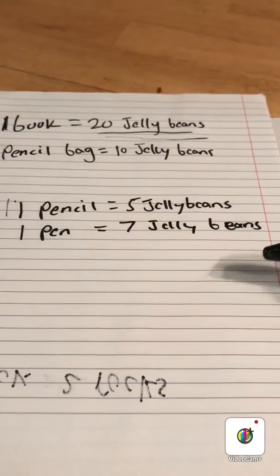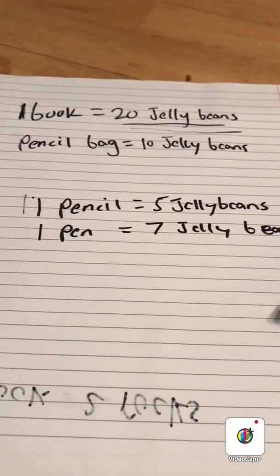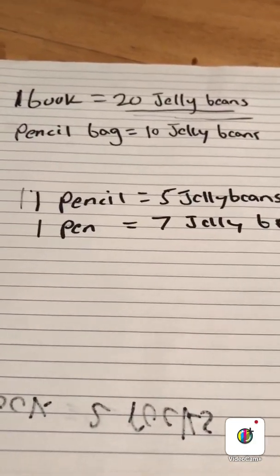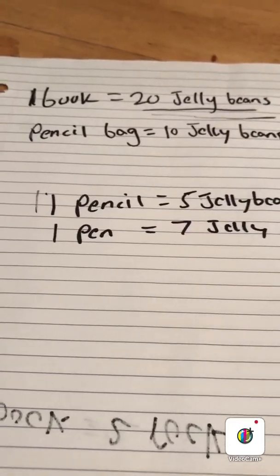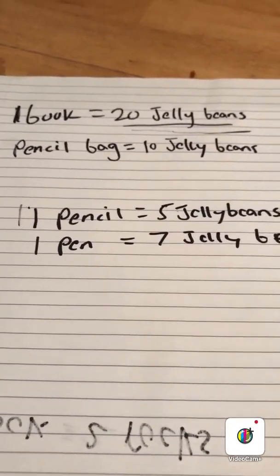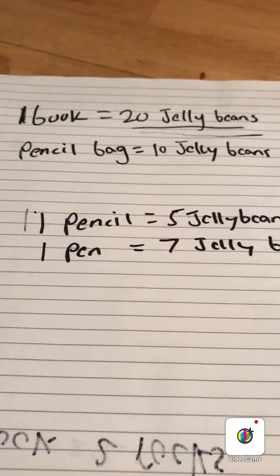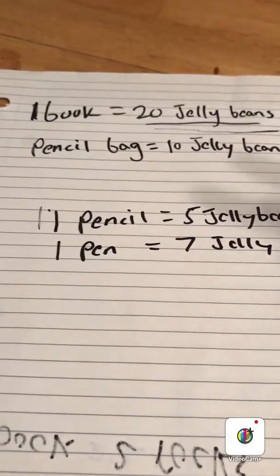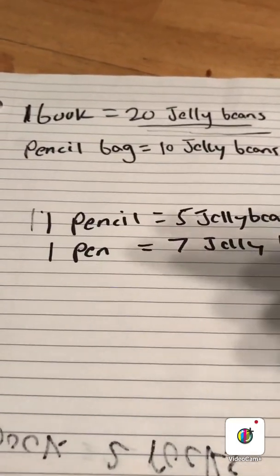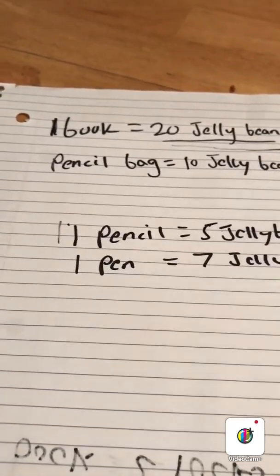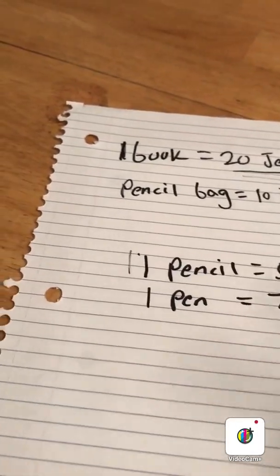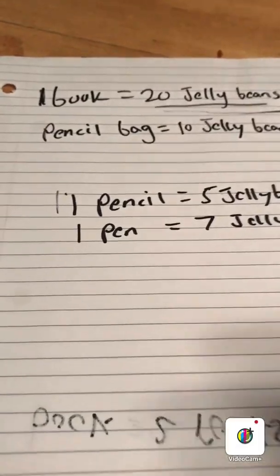Out of the two, which one would weigh the most? Would it be the one that weighs 7 jelly beans or the one that weighs 5? If you said the one that weighs 7 jelly beans, you'd be correct, meaning that the pen would have more weight to it, therefore the pen would be heavier than the pencil.